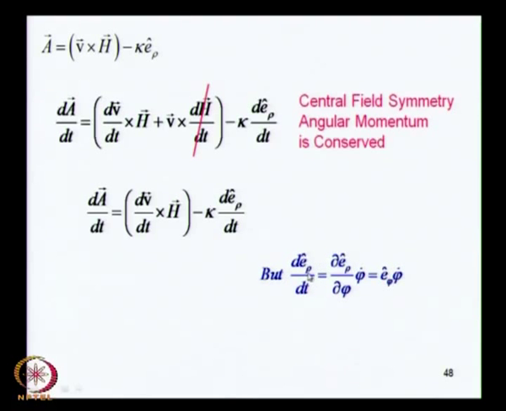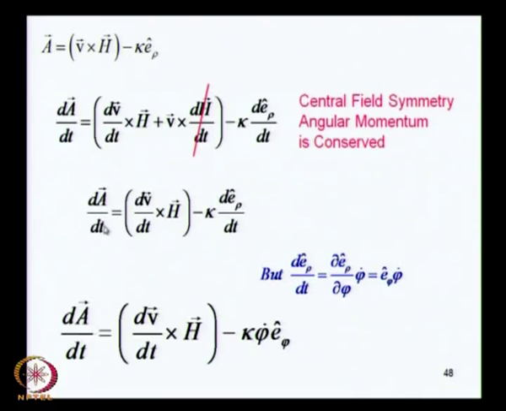The change in any unit vector is always orthogonal to that. So, the change in unit vector e rho will be along e phi, and its magnitude we determined explicitly in unit 3, and we found that d e rho by dt is equal to e phi times phi dot. So, d e rho by dt will be replaced by phi dot times e phi. Let us do that.